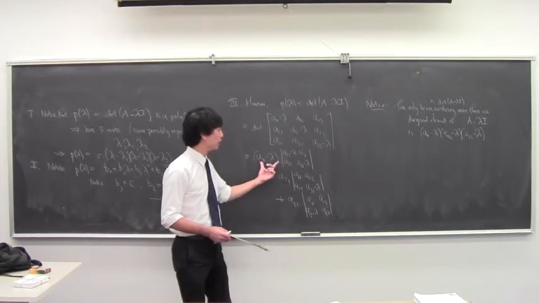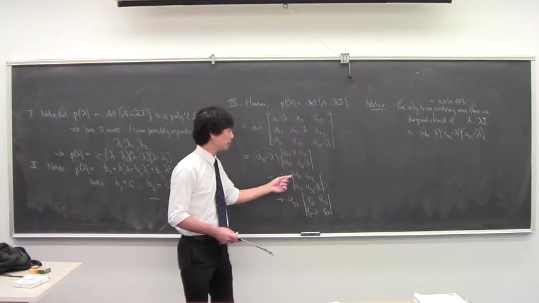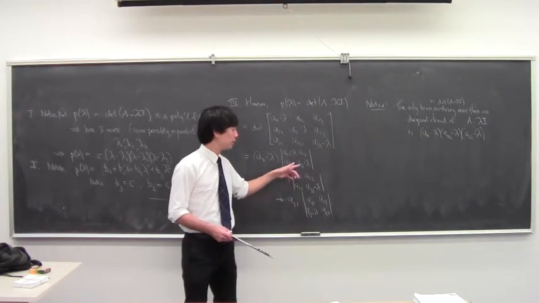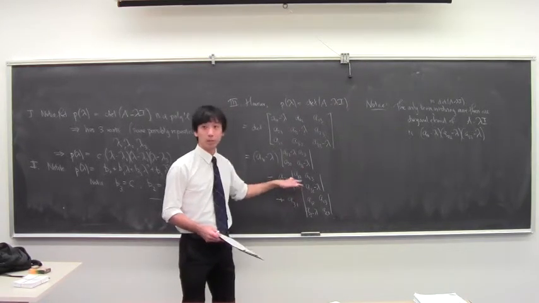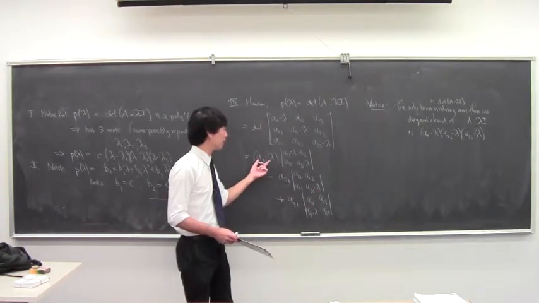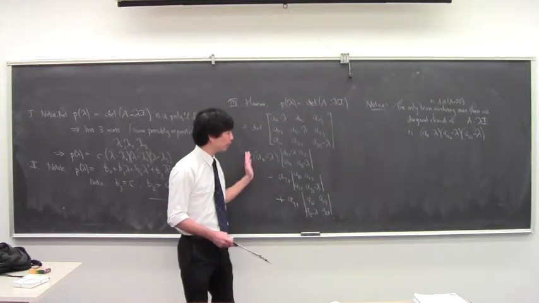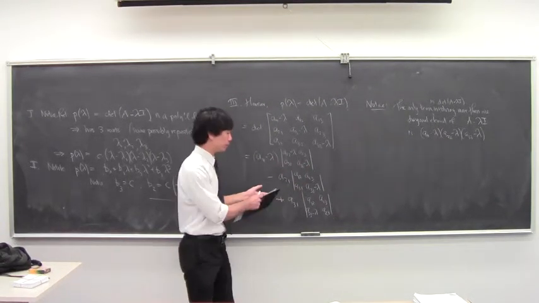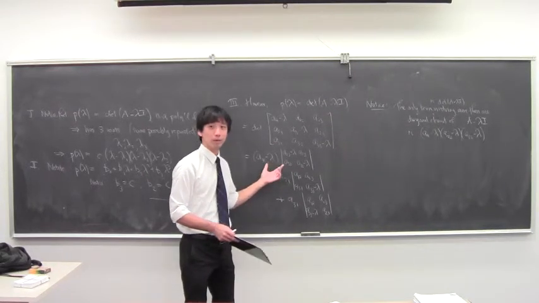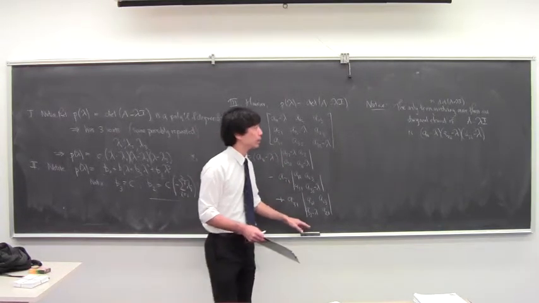All of the other terms involve only one of the diagonal elements, except for this one, a11 minus lambda times this thing here. That's the only term that has more than one diagonal element.